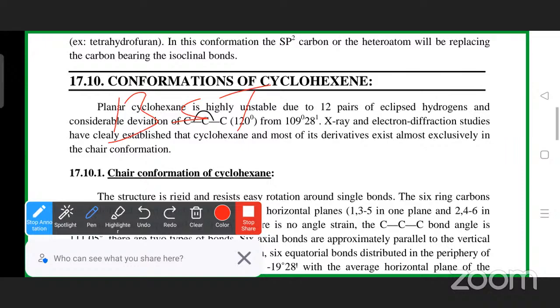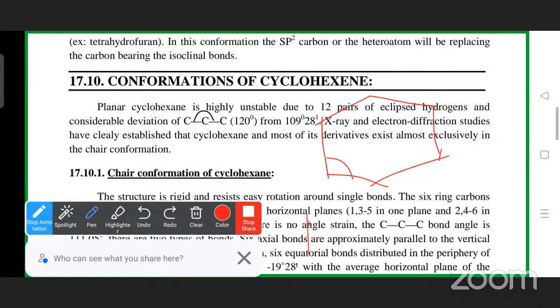Here we take up sp3 hybridized carbons only, because only then can you rotate or flip the carbon-carbon single bond. So in cyclic compounds, whether cyclopentane, cyclobutane or cyclohexane, look at the bond angle.